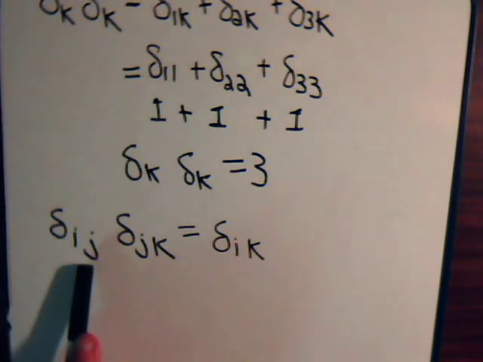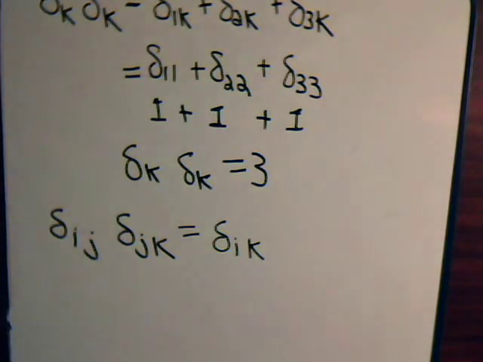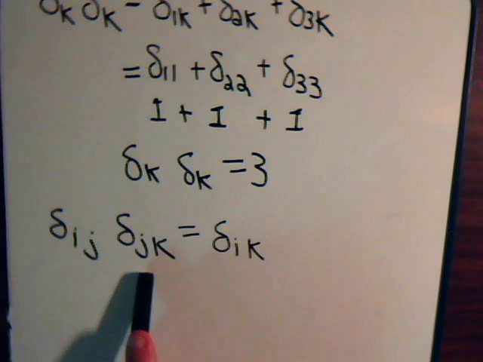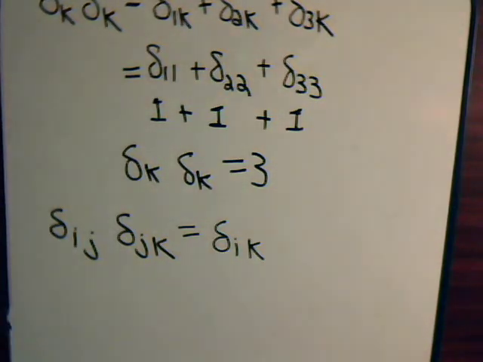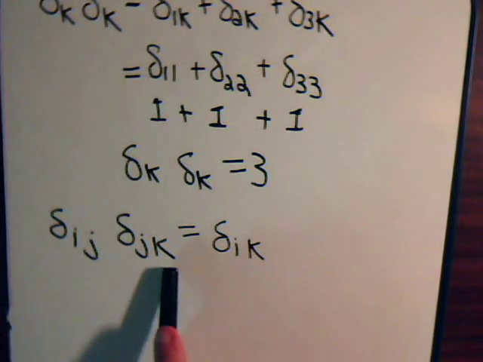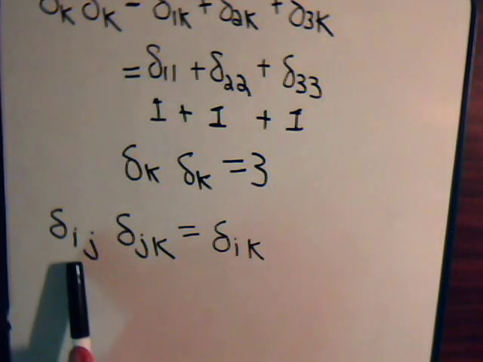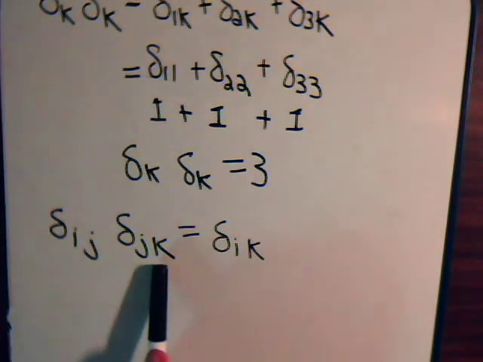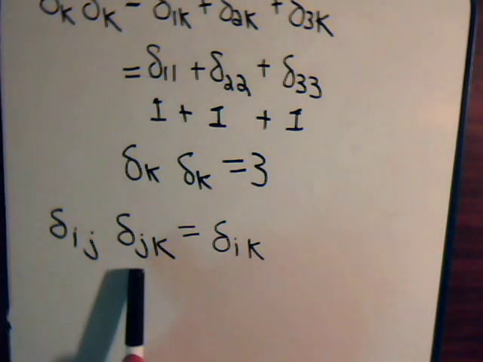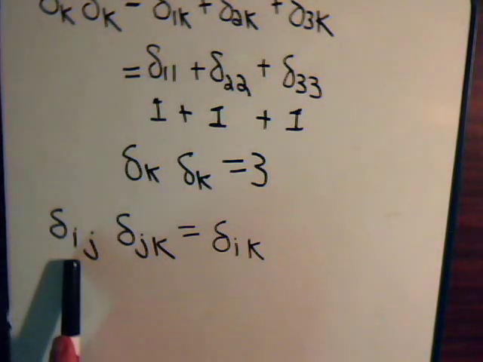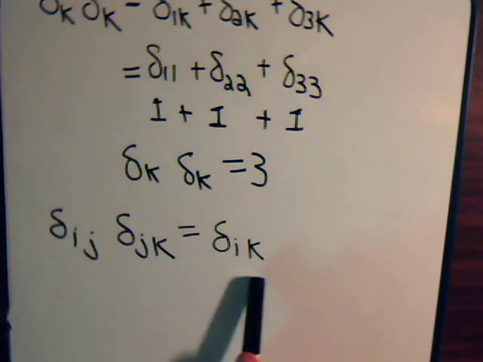You can say, well, this is 0 unless j is the same as i. And this is 0 unless k is the same as j. But j has to be i. So we're saying k has to be equal to i, or this whole left side is 0. Again, j has to be i, therefore k must also be i, because k has to be the same as j is. So we're saying this is 0 unless k equals i, and that's what that tells us.